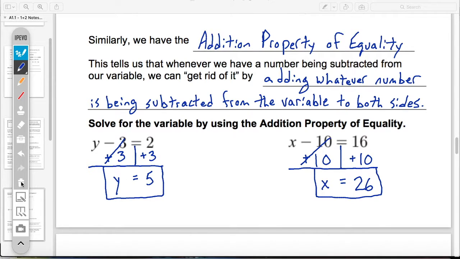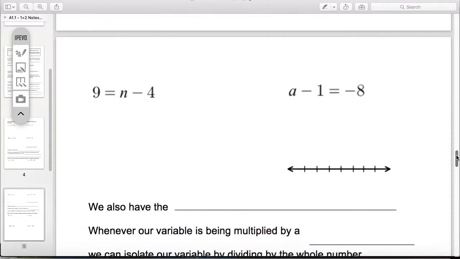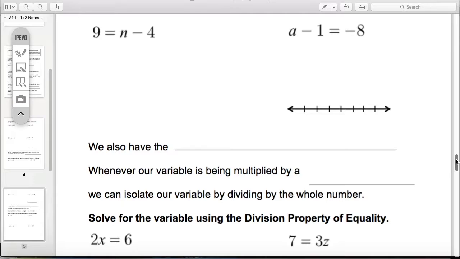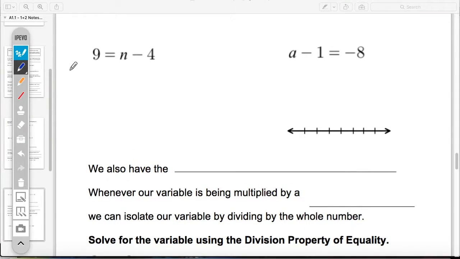Okay, moving on. Okay, again, t-chart under my equal sign. So 4 is being subtracted from my variable. So I will add 4 to both sides. So negative 4 plus 4 is 0.